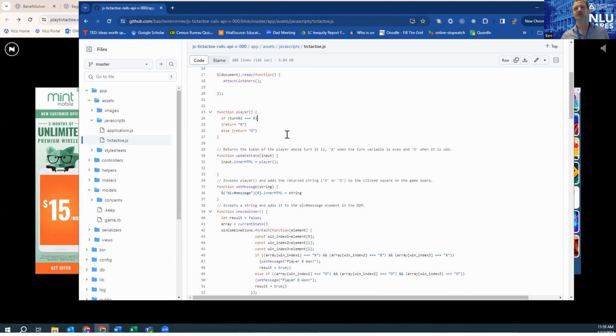And the only thing that's kind of important at the end is thinking about the return of the function, which is, once this function is executed, do I need something in order to move forward? The clearest example of that we're actually looking at here. This in my code is called the player function. I think in the assignment, I called it the current player function. But notice that the return of this function is either the string X or the string O. In other words, it's giving me the token X or O that I need in order to make a play.